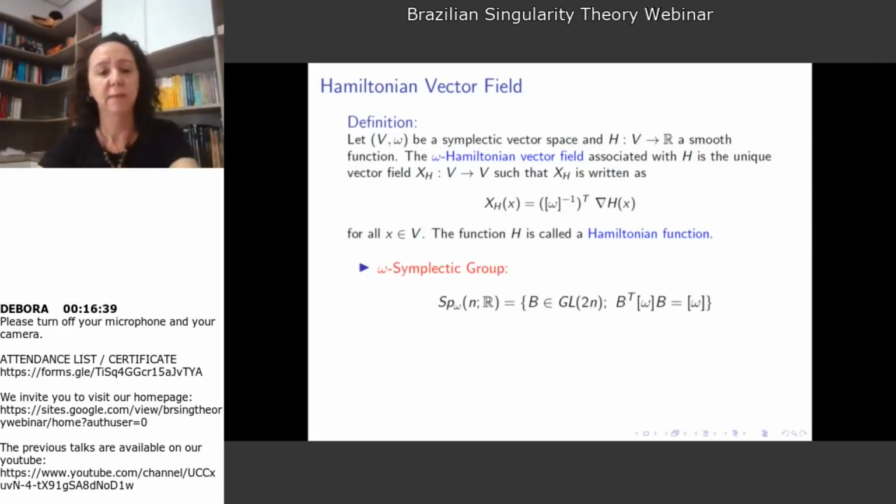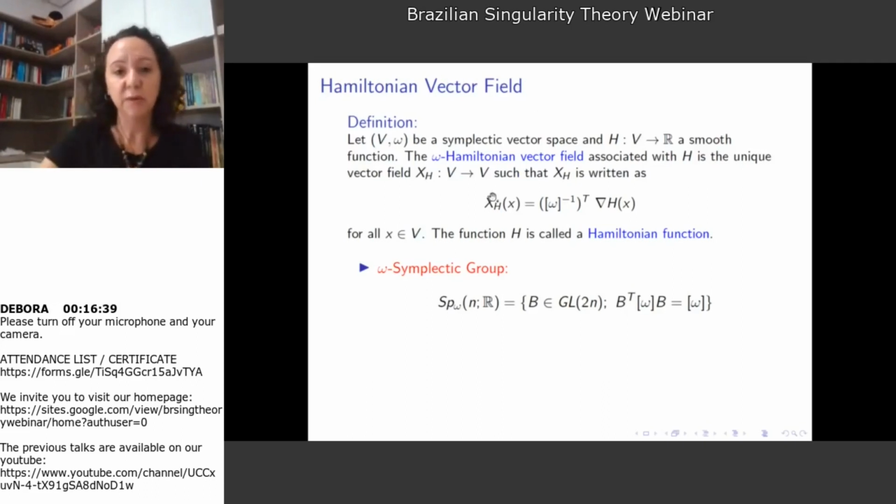In this study, Patrícia, Eralcilene, and myself, to study Hamiltonian vector fields in the general sense, we need to study all the symplectic algebra involved in this problem and what difference we have with respect to the classical one.